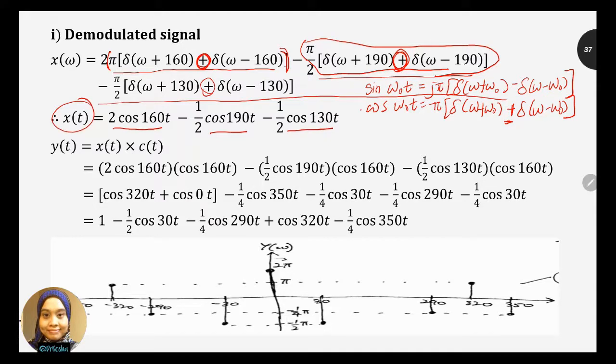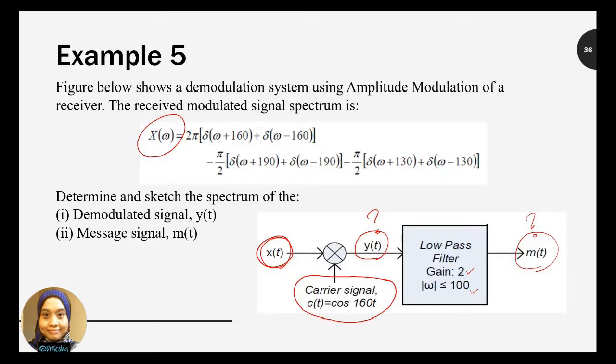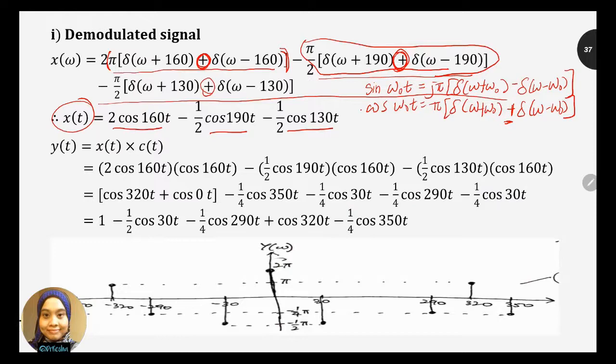So how we can get the y(t) is by having this x(t) equation multiplied with c(t), the carrier signal. c(t) here is cos 160t. So all components of this equation will be multiplied with cos 160t.